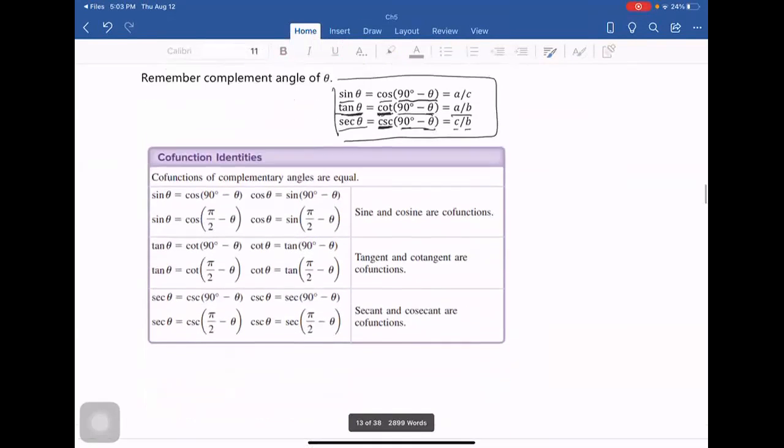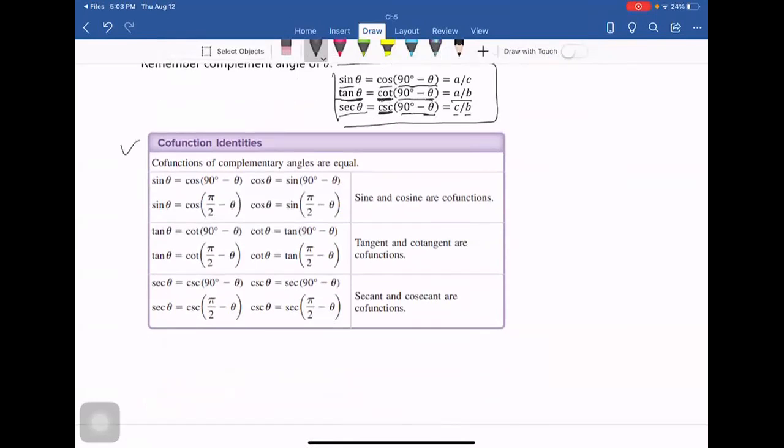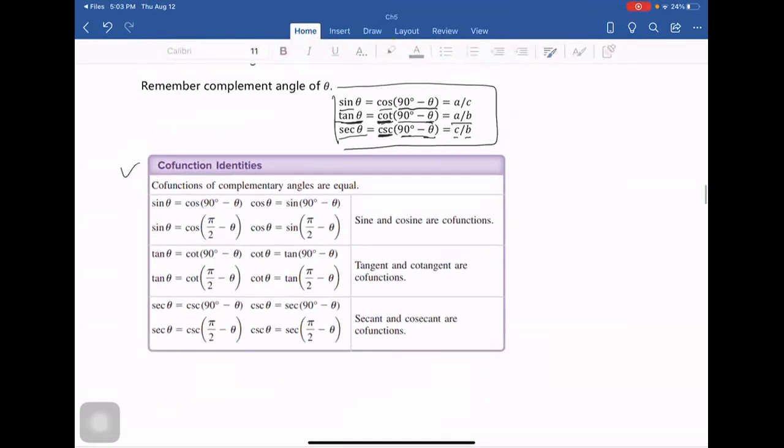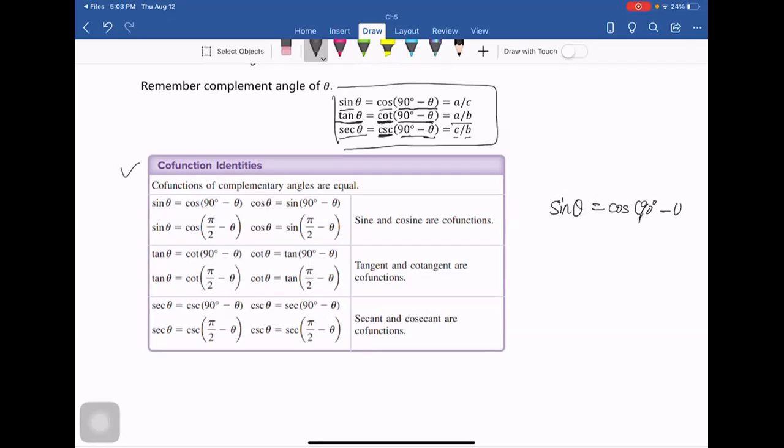Okay, let's move on. This is the conclusion of cofunction identities. Sine and cosine are cofunctions. Why? Because sine theta equals cosine of (90 degrees minus theta). Tangent and cotangent are cofunctions, and secant and cosecant are cofunctions.